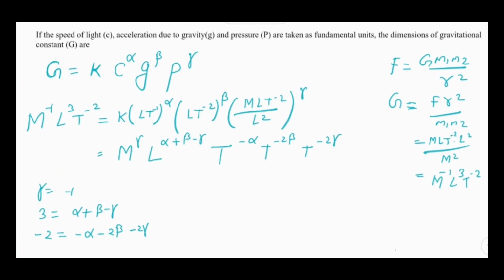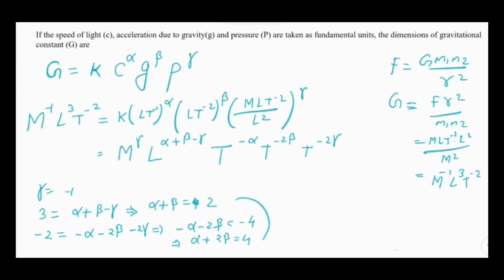Putting gamma as minus 1 in the other two equations, we get alpha plus beta equal to 2, and from the last equation alpha plus 2 beta equal to 4.